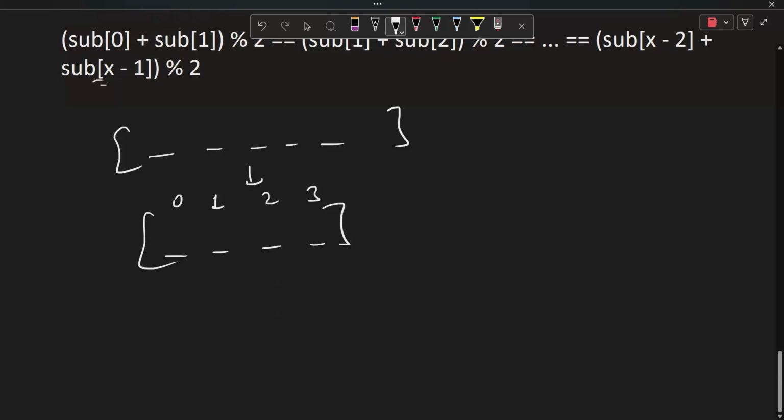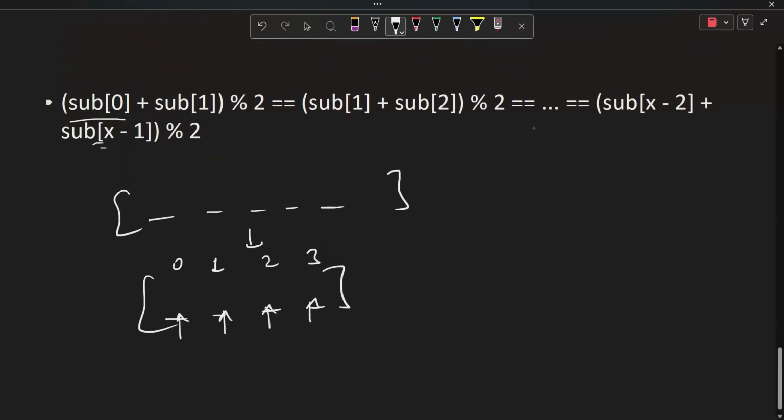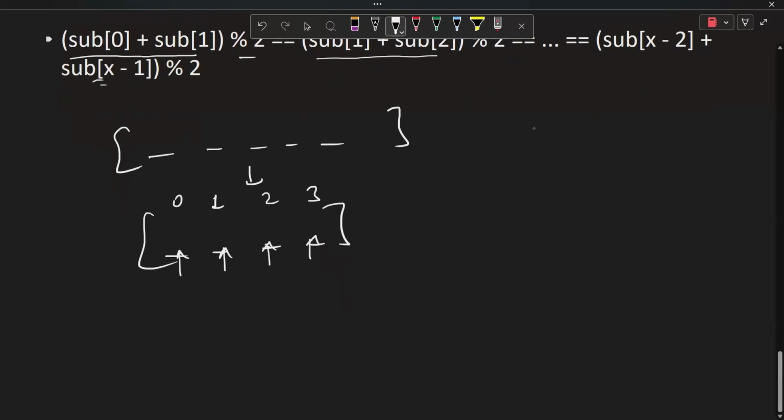Now, this is sub 0, this is the subsequence at index 1, this is at index 2. What does the condition say? It says that (sub 0 + sub 1) modulo 2 should be equal to (sub 1 + sub 2) modulo 2. It means the sum of these two modulo 2 should be equal to the sum of these two modulo 2, and likewise until the end. So for this, you have only three conditions.